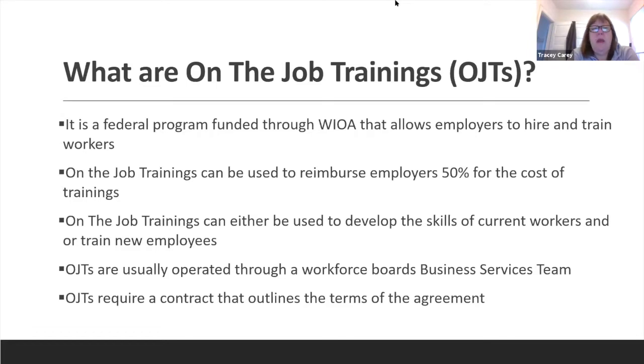I think that's great. So OJTs are structured in the WIOA legislation. It tells us what that means in the law.